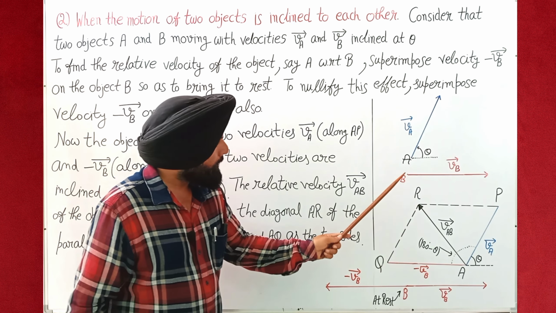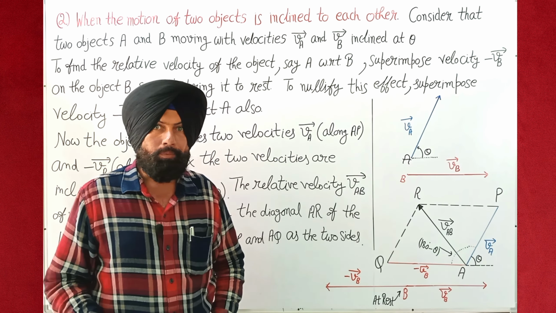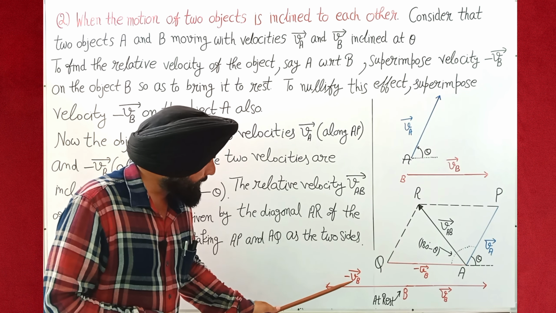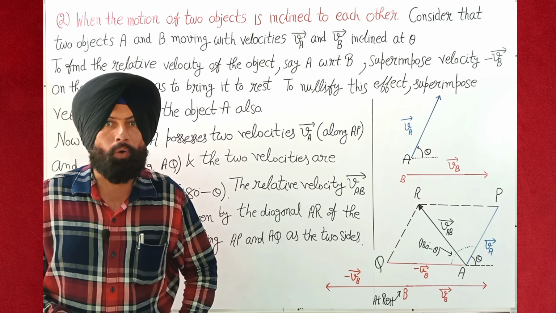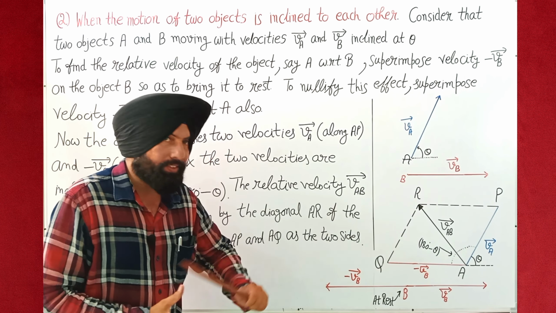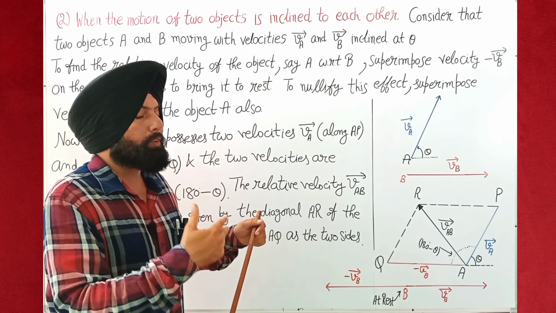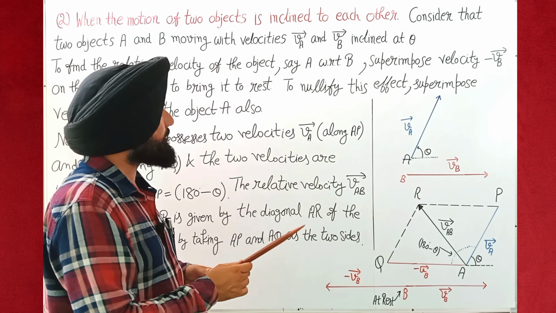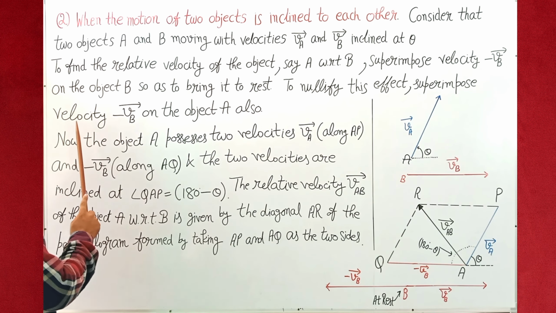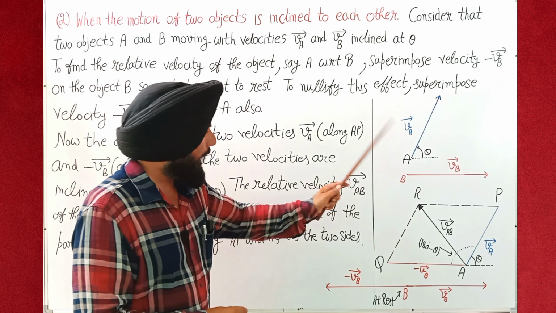Now students, object B is moving with velocity VB vector, so we superimpose minus VB vector velocity on it to bring it to rest. Now to nullify this effect, as we have already discussed in the previous cases, superimpose velocity minus VB vector on object A also.